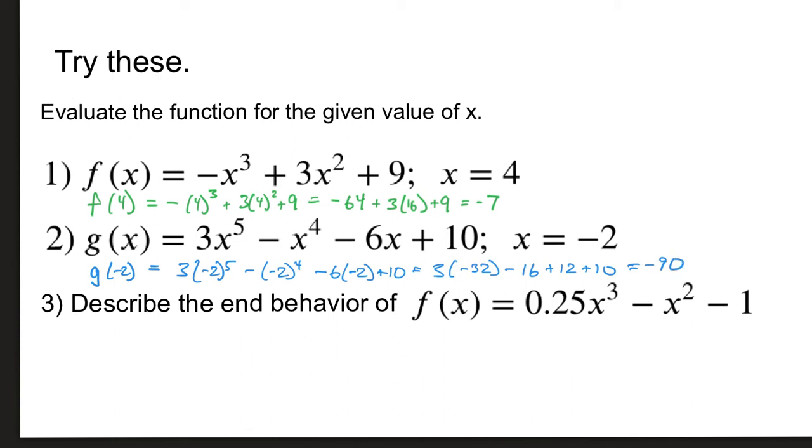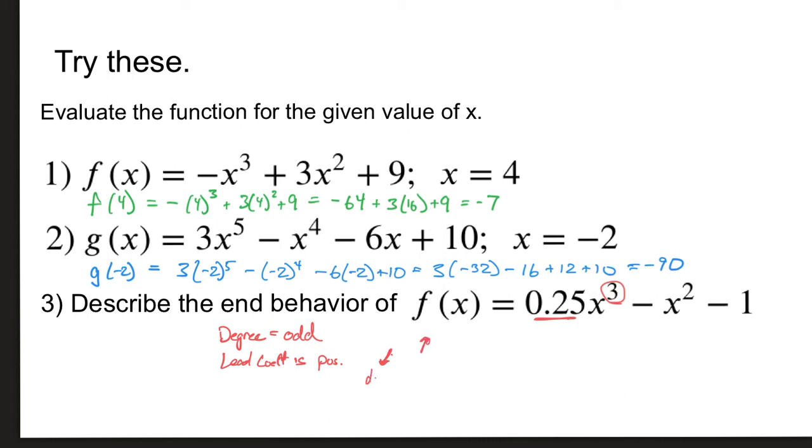And for number 3, we're going to go back to that table and use that, where we're going to identify the degree and the leading coefficient. So for this problem, we know the degree is odd, and the leading coefficient is positive. So when it's odd and positive, I know my two ends of my function. The left side points down and the right side points up.